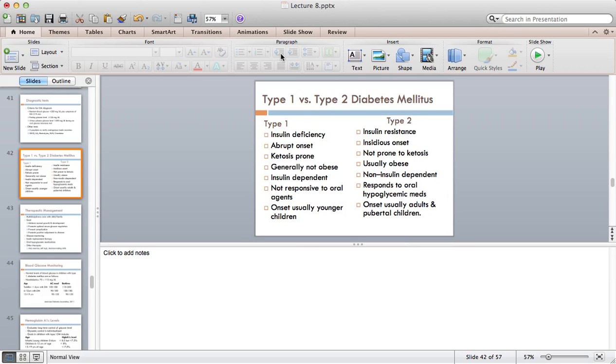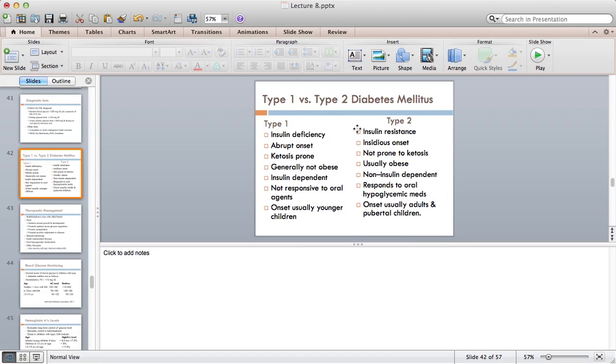Patients are generally lean, normal looking, but they are also insulin dependent. So basically, they do not respond well to oral glycemic agents, which those in type 2 will respond to very well. And usually our type 1 patients are very, very young.